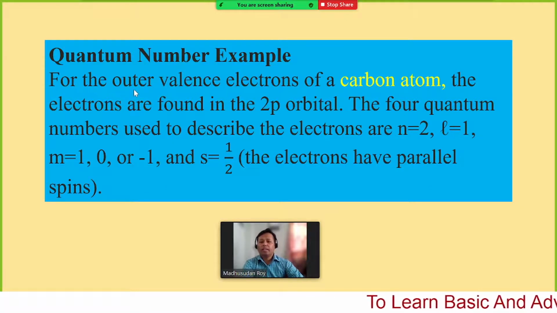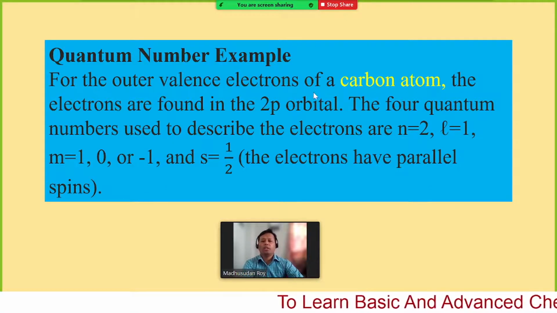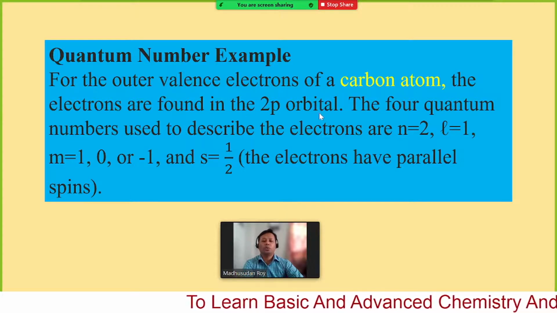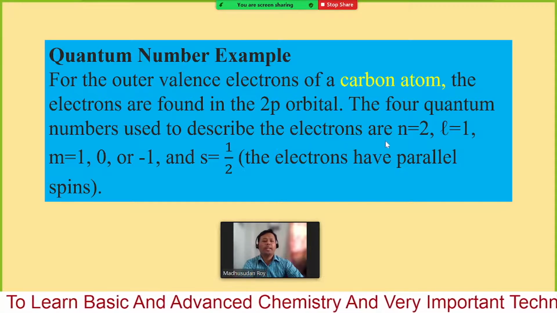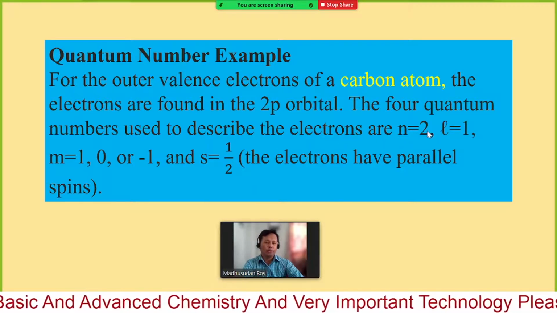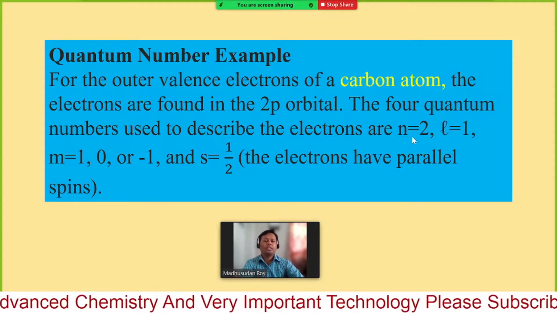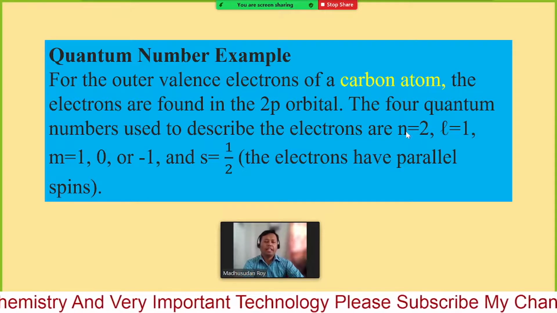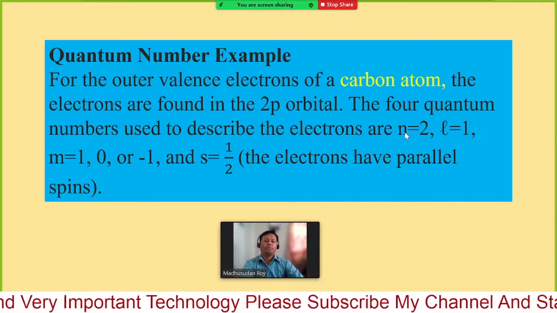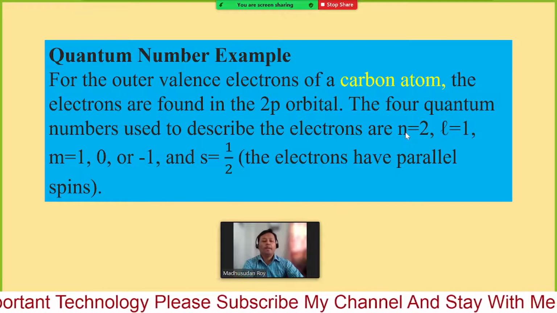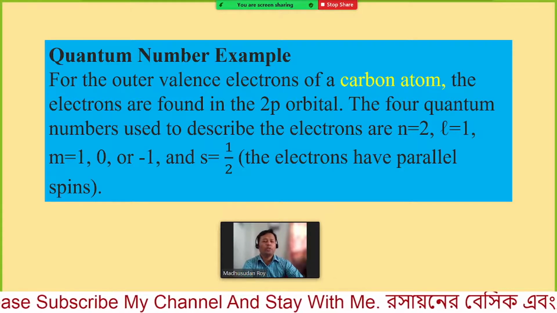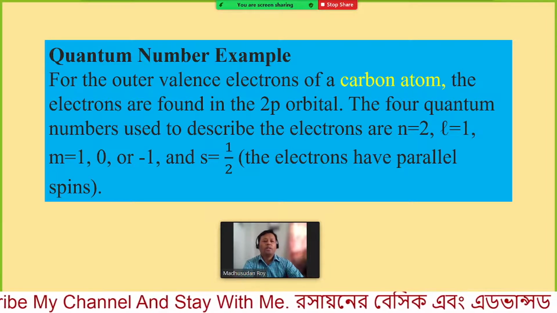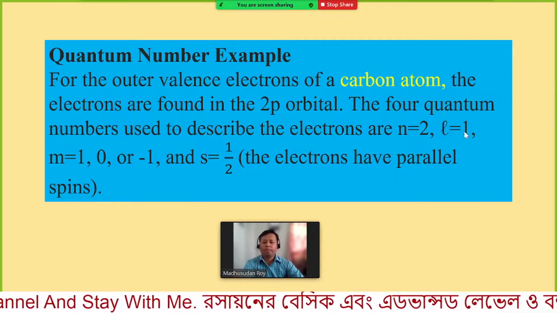The 4 quantum numbers used to describe the electrons are n equal to 2, that means the second shell. So what would be the value of L? N minus 1, that means 2 minus 1 equal 1. So the value of L is 1.